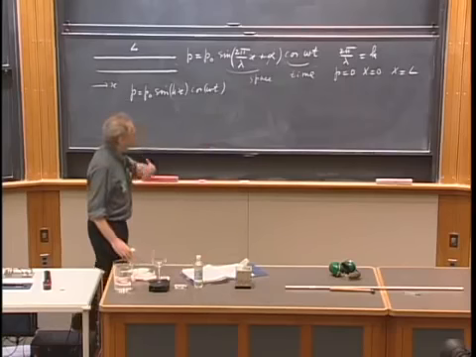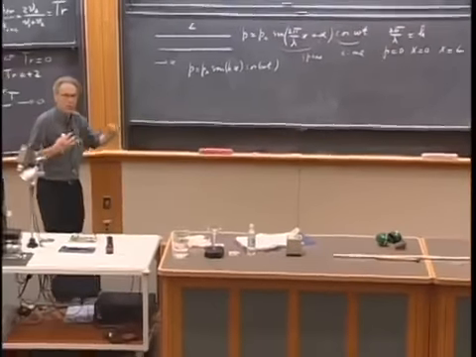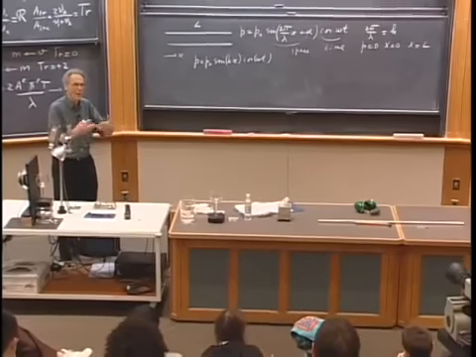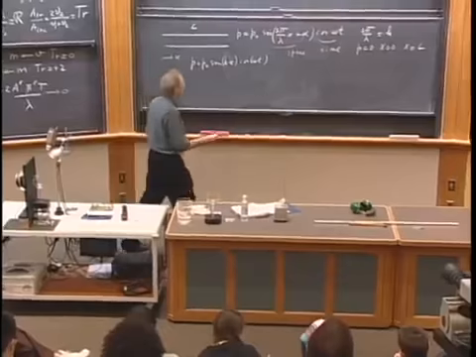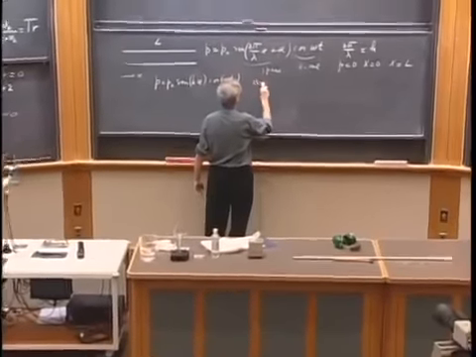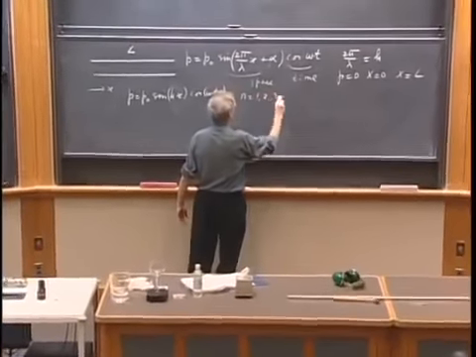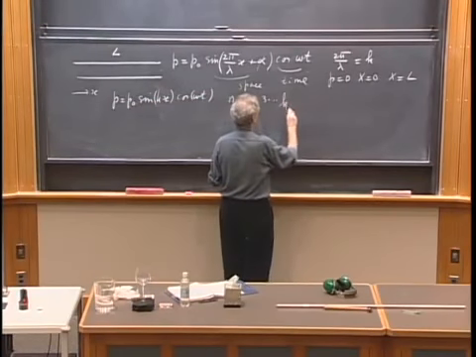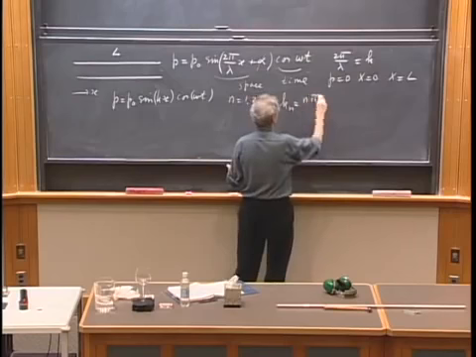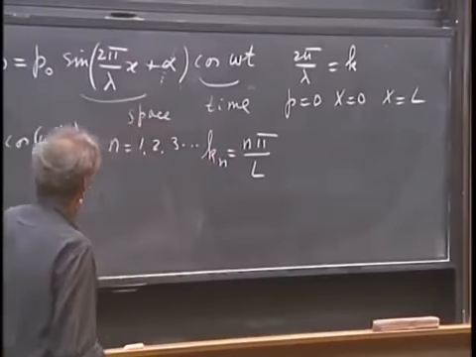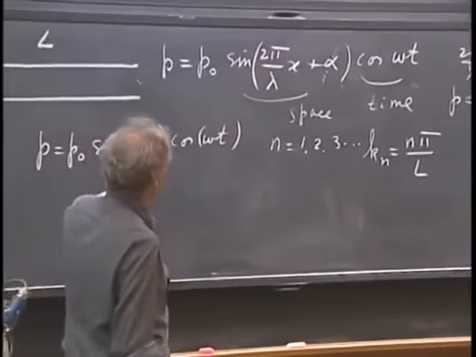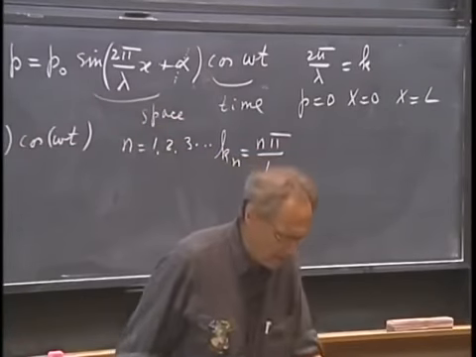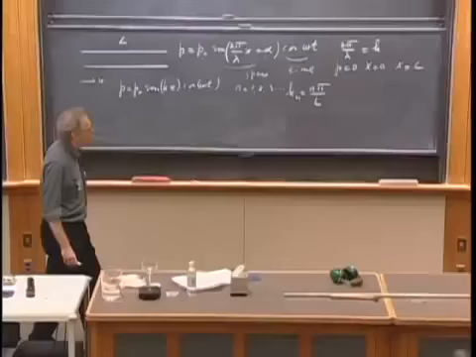And that now breaks open a whole spectrum of possibilities in which I introduce this normal mode number n, as in Nancy, whereby n can be 1, 2, 3, etc. And then I get solutions when k of n equals n pi divided by L. You see that immediately, because if I make x now L, then I get the sine of n pi. No matter what n is, I always get 0.